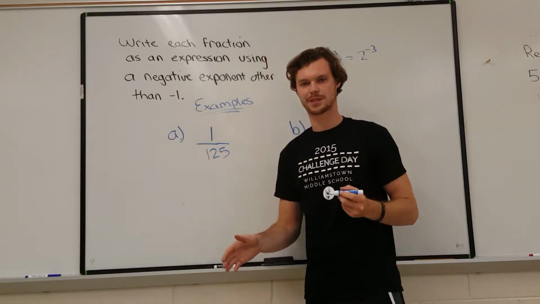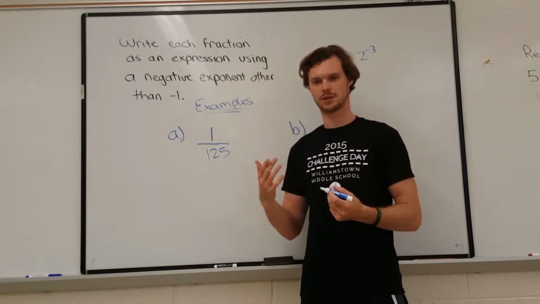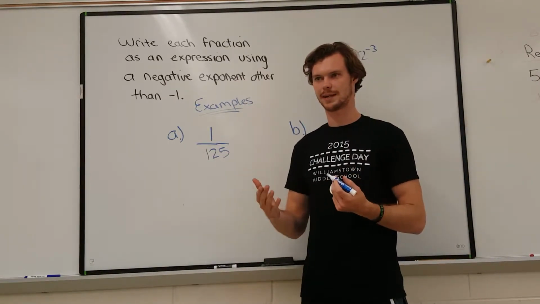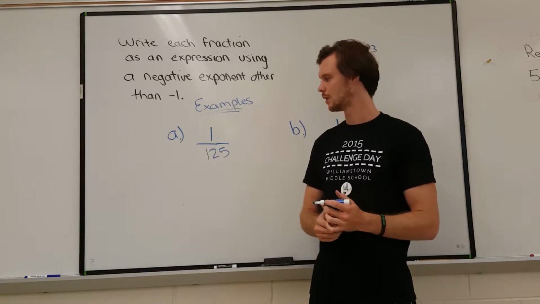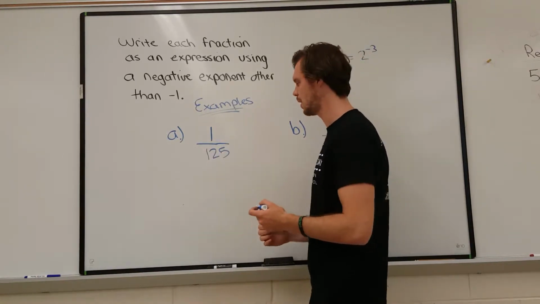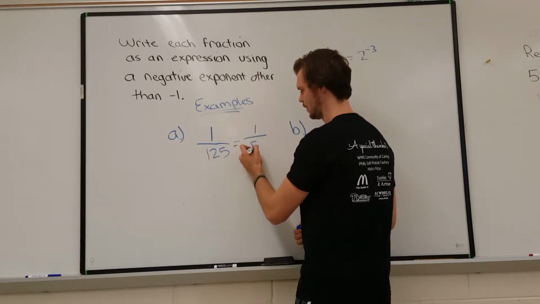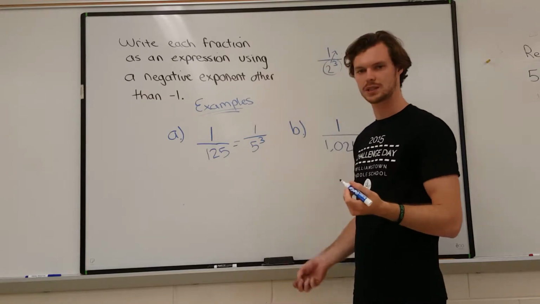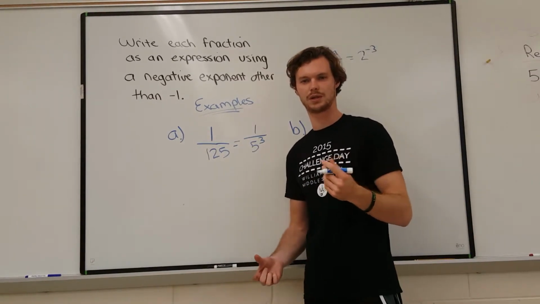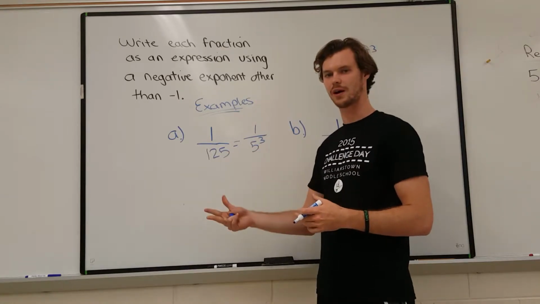Alright, to do these problems, it really helps to be familiar with evaluating exponents and to get used to some of those ones that probably should be memorized by now. So 125, if you've been doing a lot of the work, you probably know is 5 to the third. And you could test it out. Sometimes if you're new to it, you might need to do a little extra work. But 5 to the third is 5 times 5 times 5.